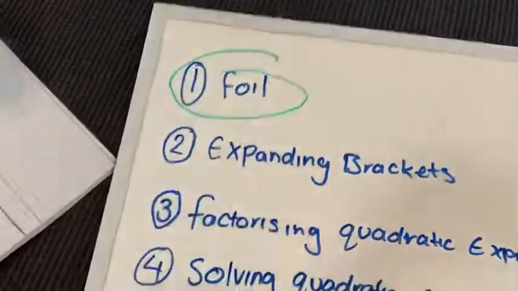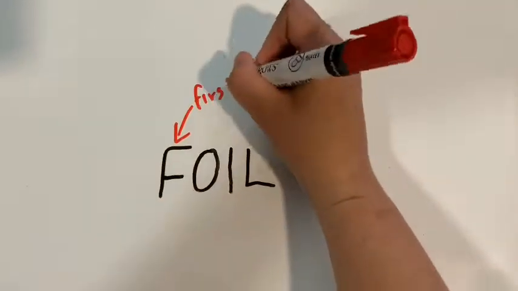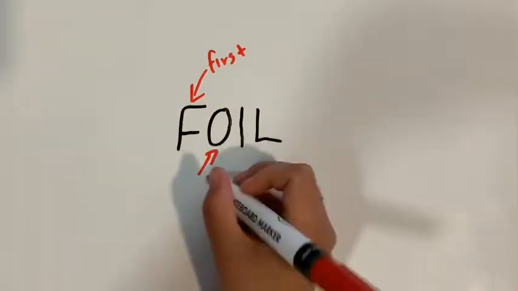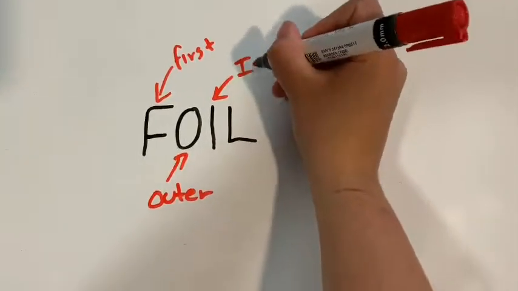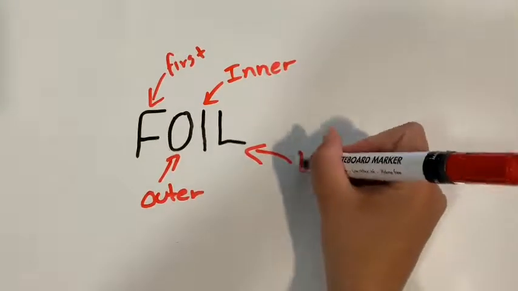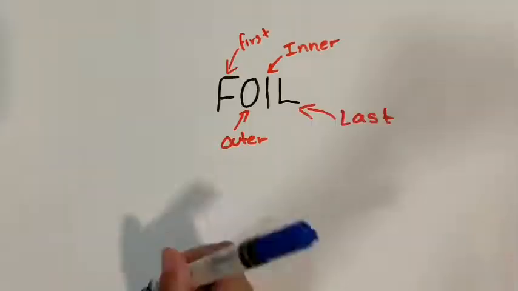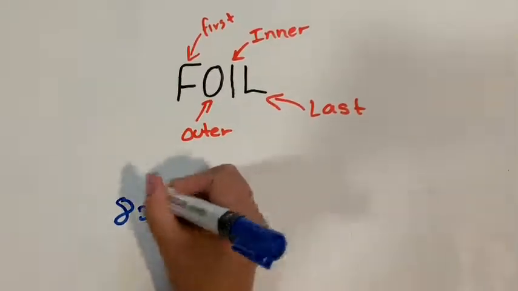But first, FOIL. FOIL stands for first, outer, inner, and last. This is the order in which we will be multiplying in our expression below.